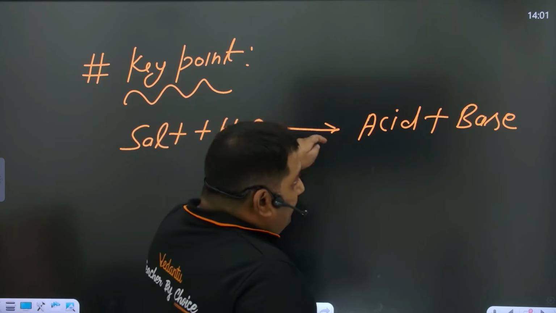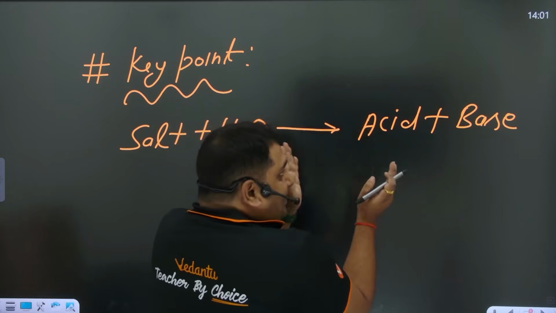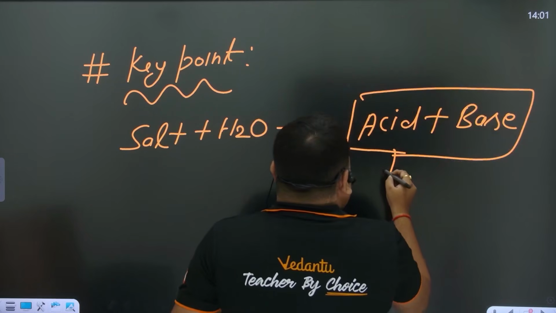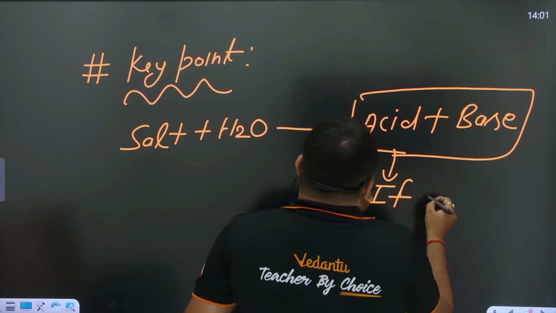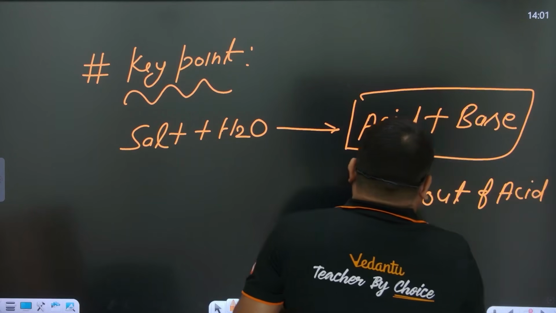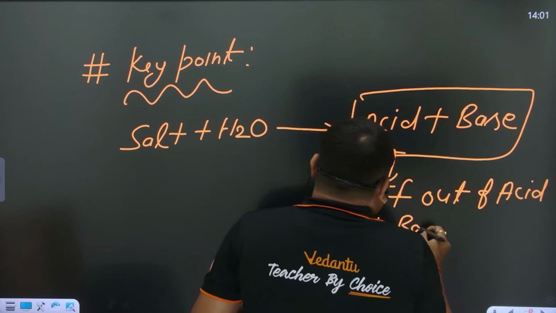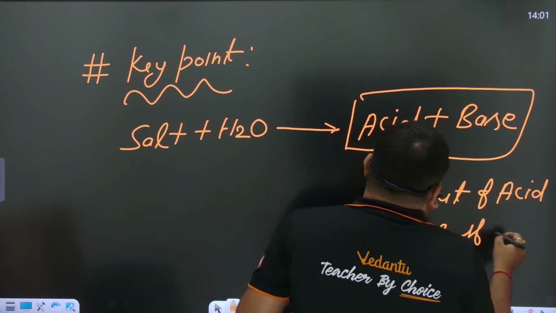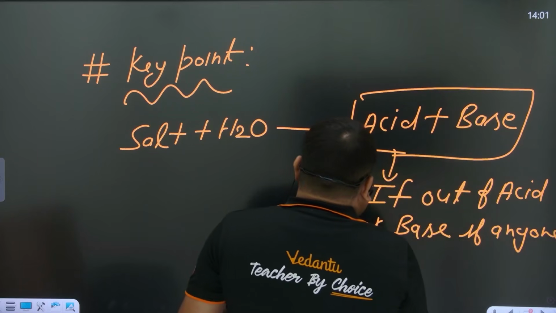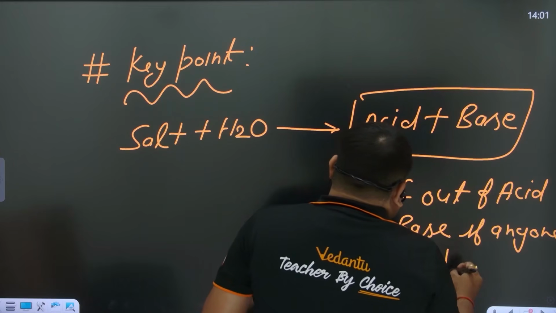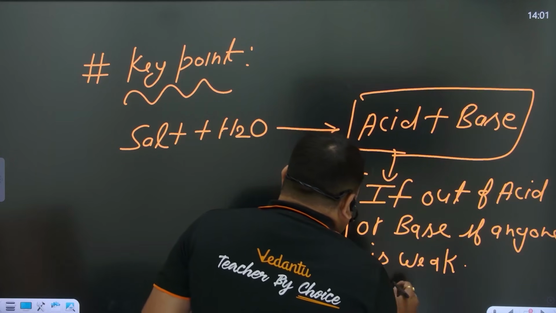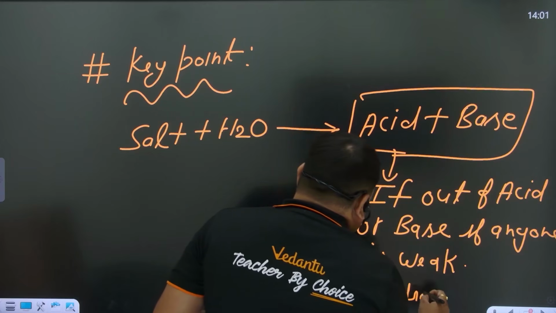If out of this acid and this base, if anyone is weak, if out of acid or base any one is weak, then we can say hydrolysis is taking place.